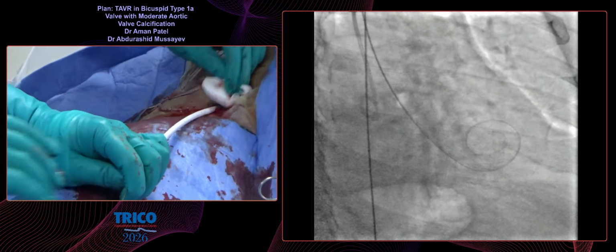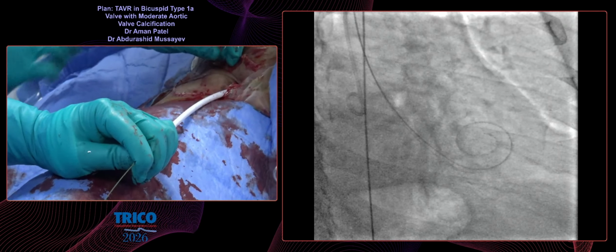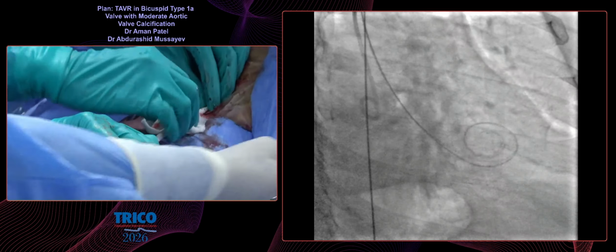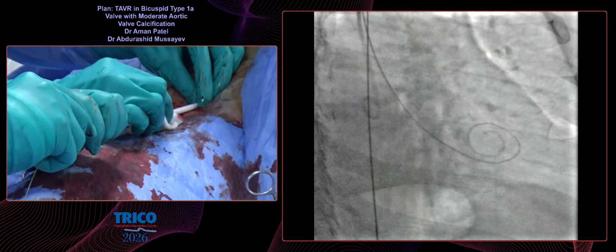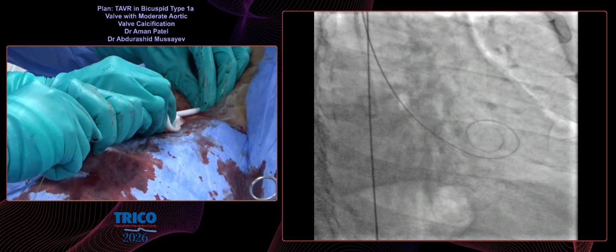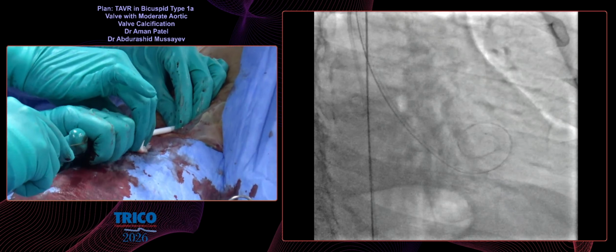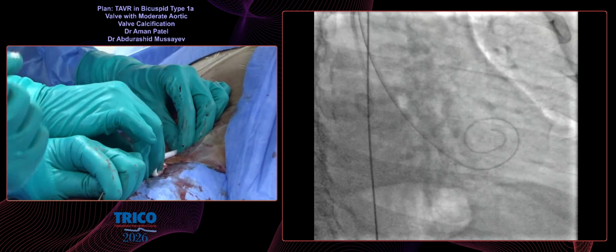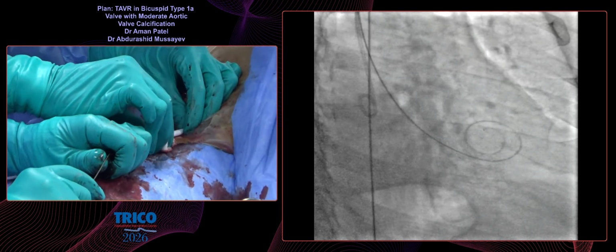In most cases, we try to use wire pacing. If you have independent predictors for full AV block, such as coronary artery disease or a right bundle branch block, or a small, calcified LVOT, we could use RV pacing.